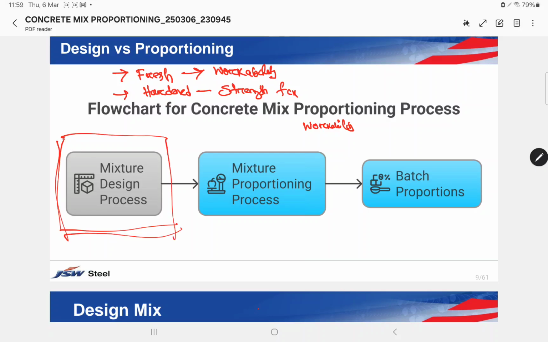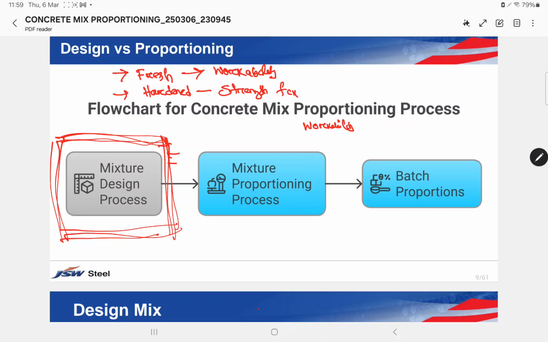Once you finalize all your requirements in the mix design stage, the output will be used as an input for the mix proportioning process.